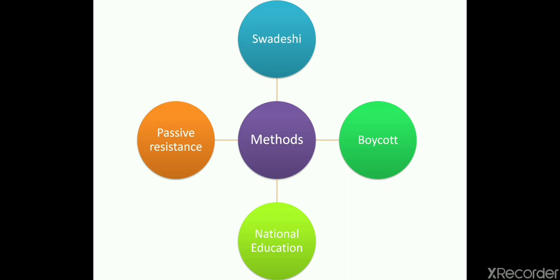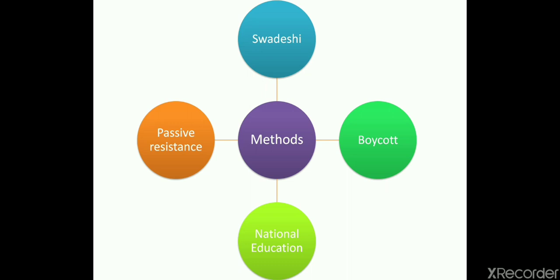Usually the question is related to the various methods adopted by the assertive nationalists, or sometimes questions are asked in the form of stating the difference between the methods adopted by the early nationalists and by the assertive nationalists. So sometimes you have to study the methods comparatively, and sometimes you can straight away write the methods of either the assertive or the early nationalists.